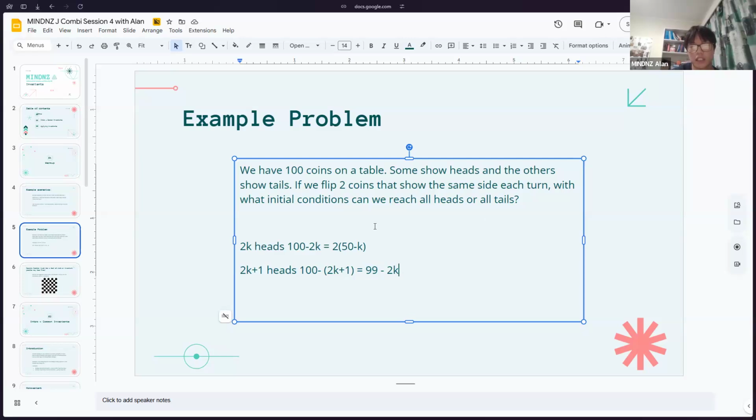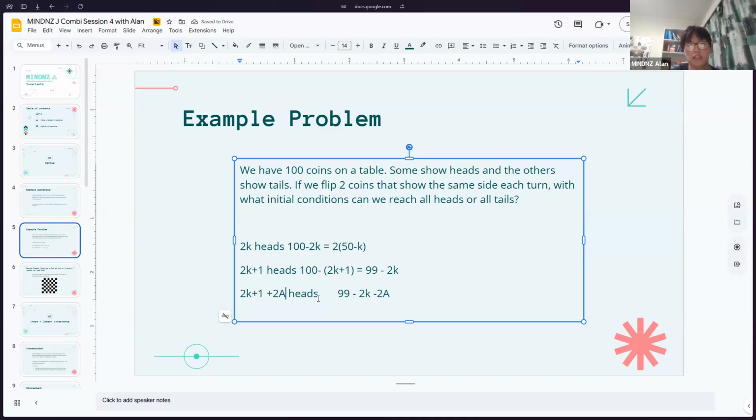And then each time we can change it by 2. We can change the number of heads by 2, or we can change the number of tails by 2. So after some number of moves, let's say we're changing heads, we'll have 2k plus 1 plus 2a, where a can be positive or negative. And then the other one for tails, we'll have 99 minus 2k minus 2a.